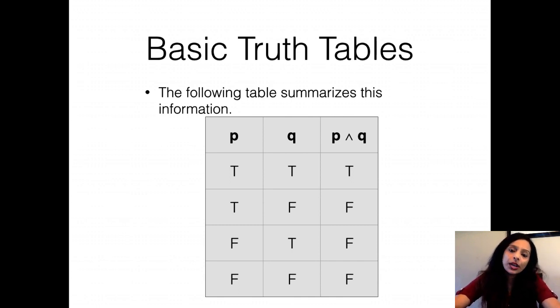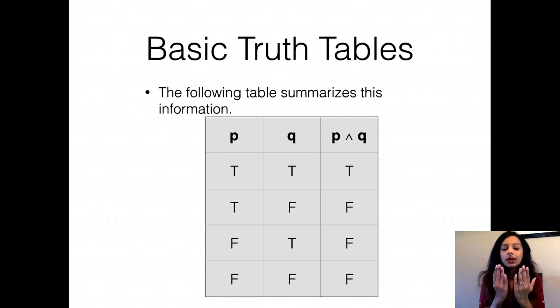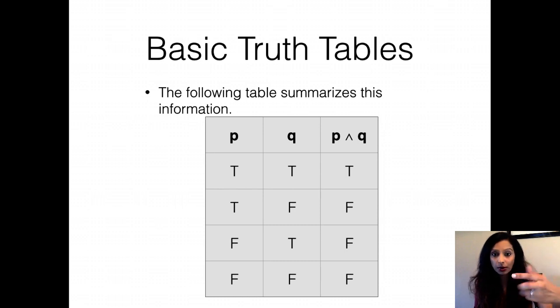So when you combine P and Q together, remember that each proposition has two truth values, true, false, right? So when you combine two propositions together, P and Q, what you get is 2 raised to n number of truth value combinations. So n equal to 2 over here, 2 propositions, P is 1 proposition, Q is 1 proposition.